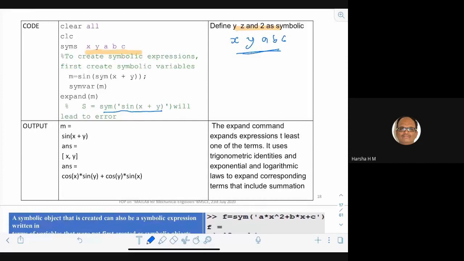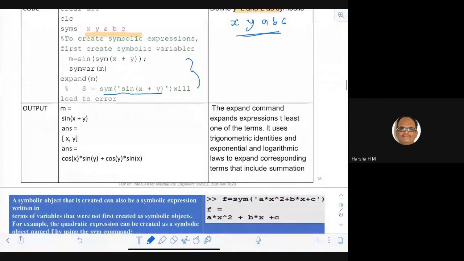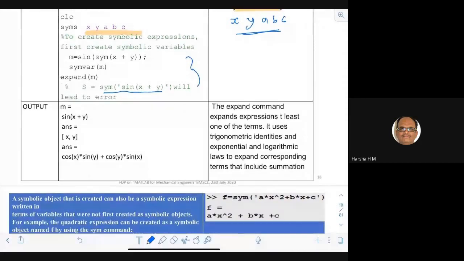But one command that I would like you to look at here is the command called expand. So when you define m as sine of x plus y and then say expand, the output will be this way. It will expand. Remember, it uses the trigonometric identities and even other formulas of exponential and logarithmic functions, and gives you the output.